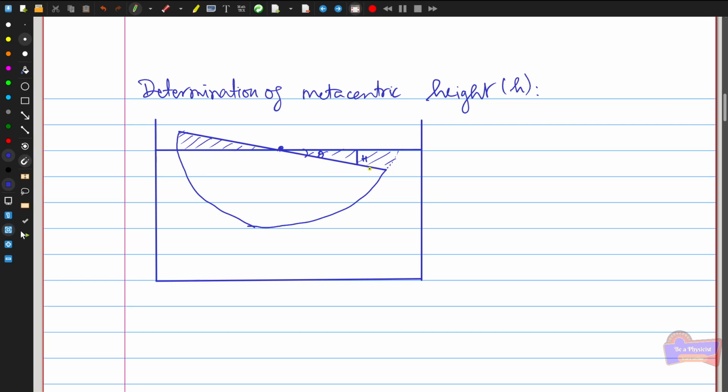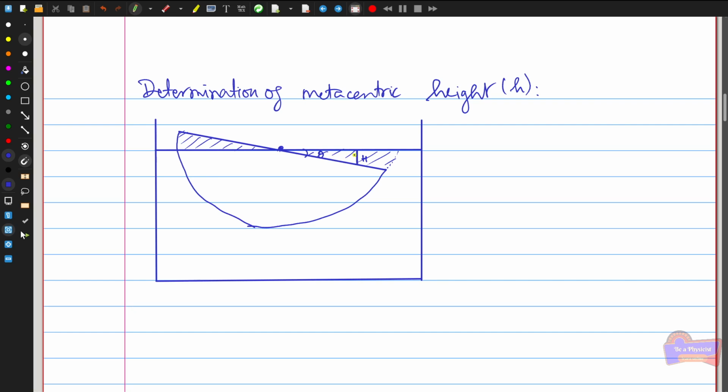This wedge shaped portion is divided into a number of small elements, vertical, perpendicular to the water surface, and you can have an infinite number of such vertical portions.